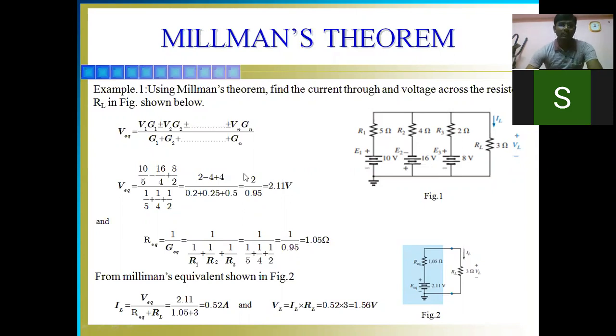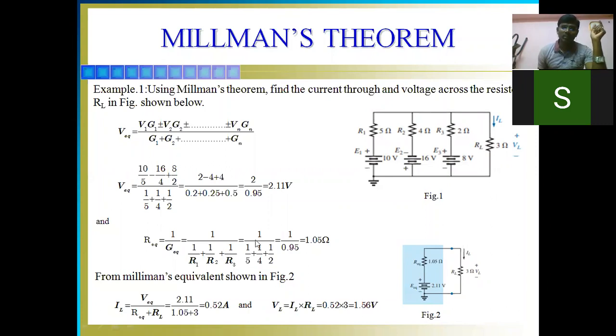Similarly, R equivalent is equal to 1 by G equivalent, which is equal to 1 by (G1 plus G2 plus G3), where G1 is 1 by R1, G2 is 1 by R2, and G3 is 1 by R3.